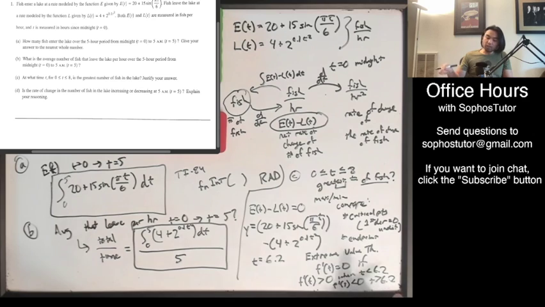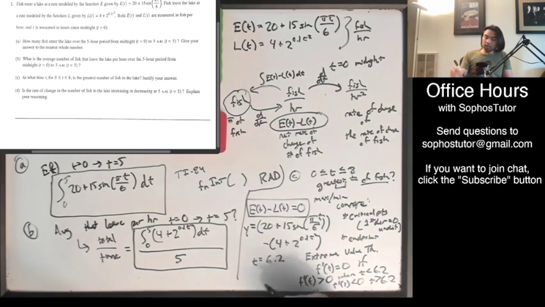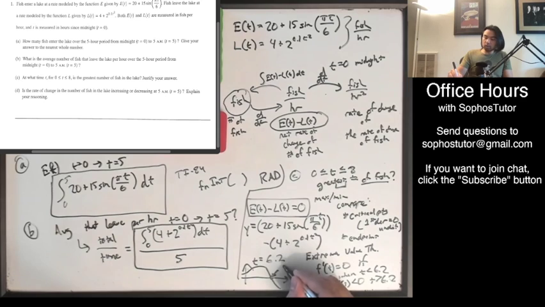And if we look at this graphed function, we're going to see that the function is going to look something like this, and then the function is going to come down. And this point right here is 6.2. Because the derivative is positive in this area, we know that the function is increasing in this region.